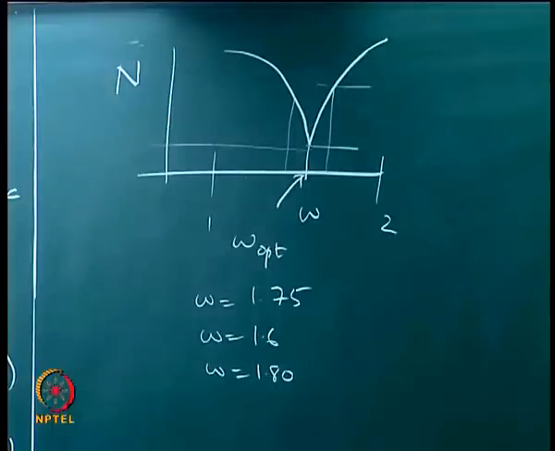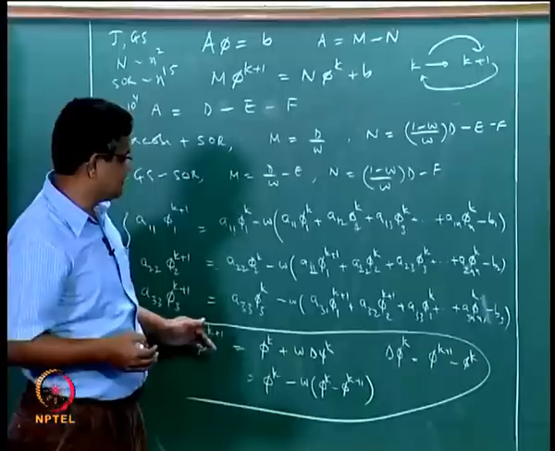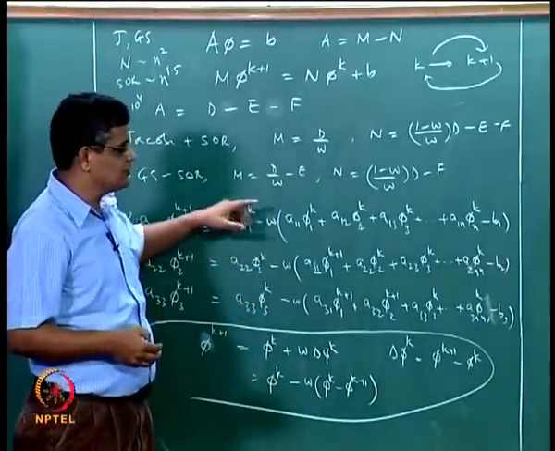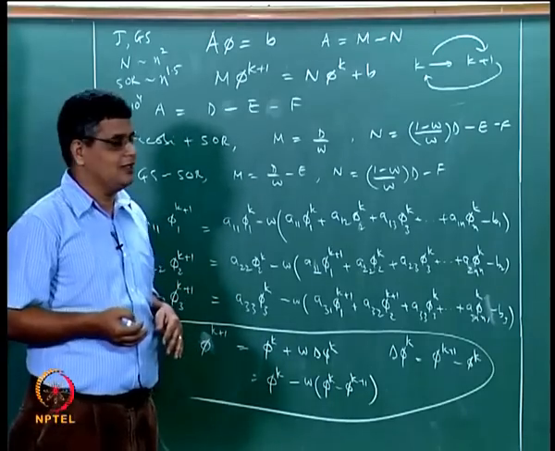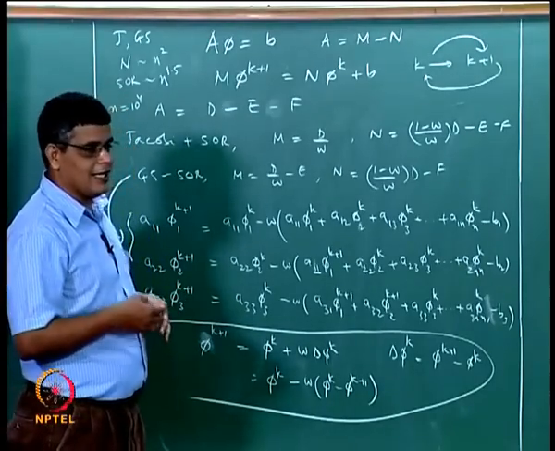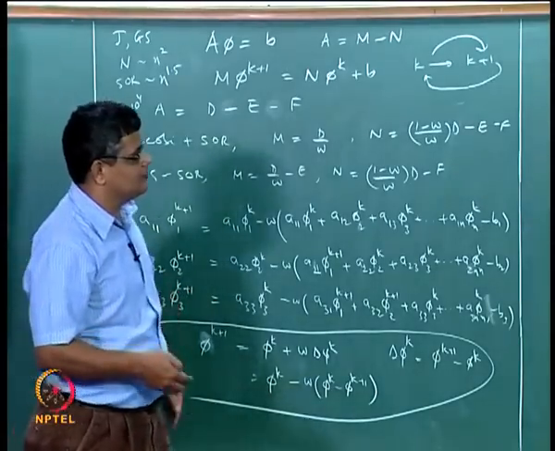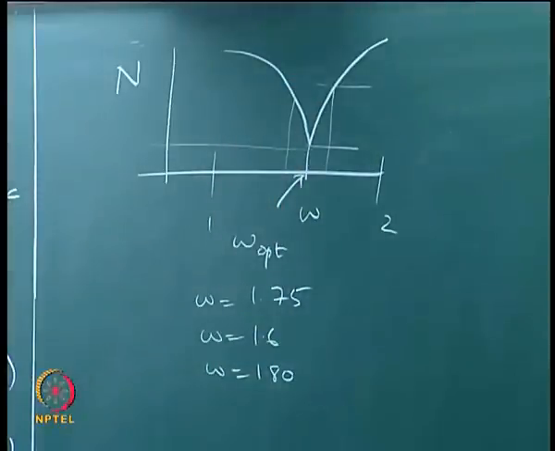One has to search for it, one has to implement a method of looking for the optimal value into the scheme of solution itself, and that will take extra time, but in many cases that extra effort to find the optimal value is very well worth it, because this variation is quite steep.